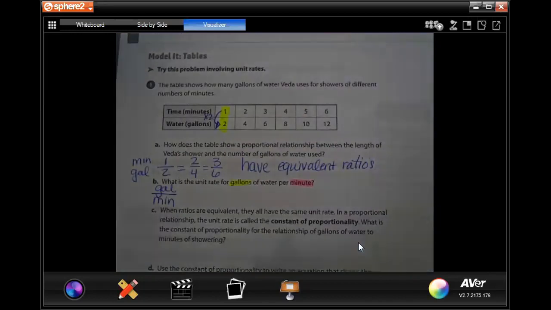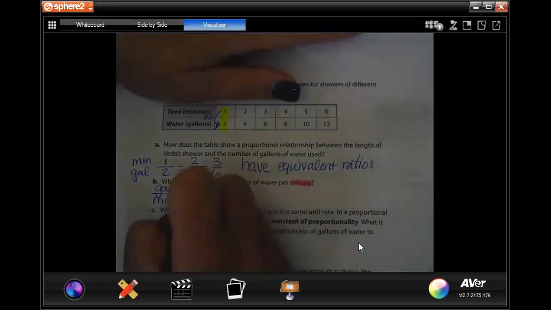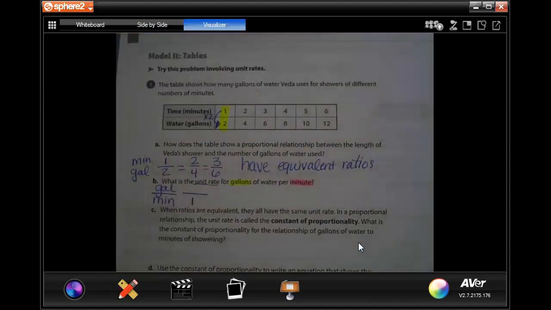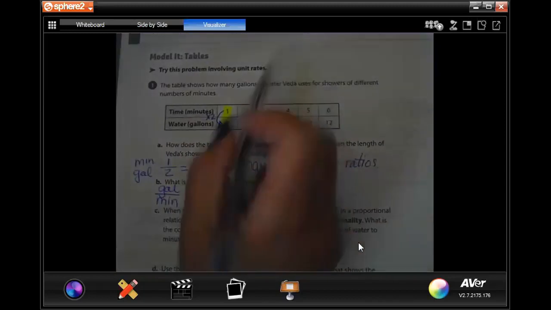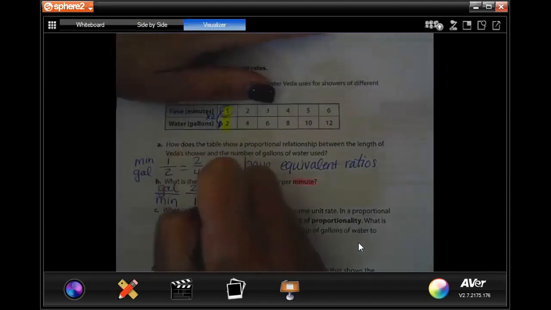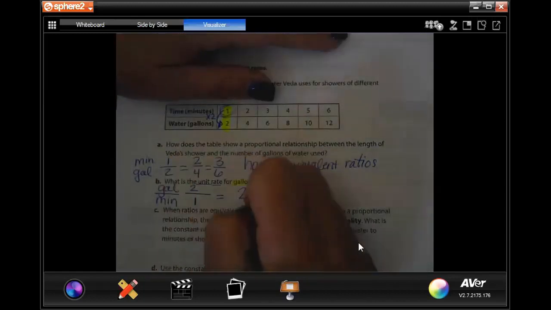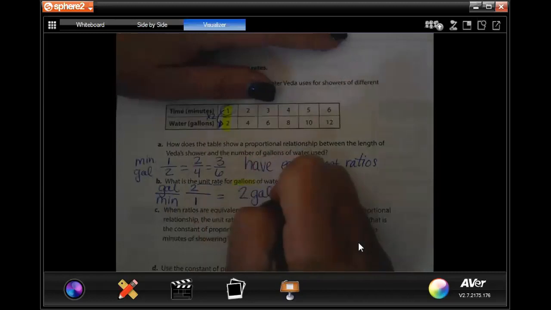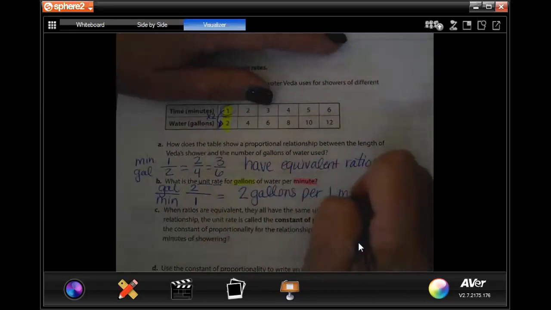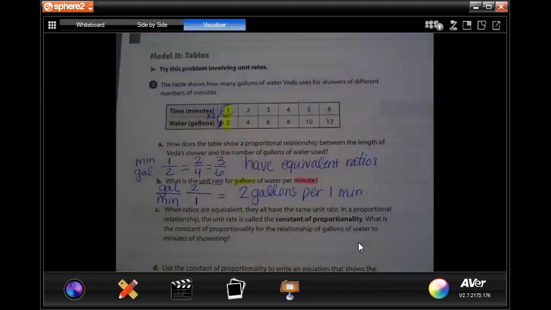Now remember, our unit rate has to have a 1 as the denominator. So if we go up here, we're going to go to minutes and we're going to find 1. There's 1 right there. And if we go down to how many gallons of water, it's 2. So our unit rate is 2 gallons per 1 minute. That is our unit rate.